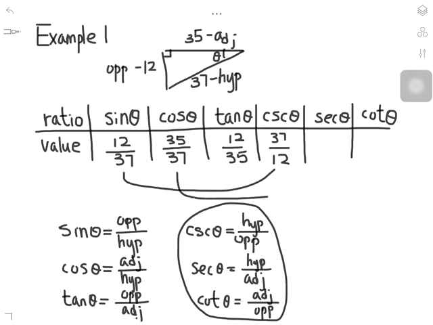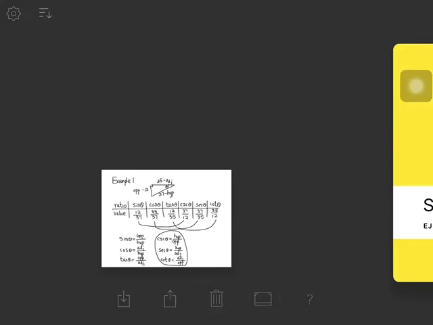Secant is the reciprocal of cosine. Again, I flip it. And tangent is the reciprocal of cotangent. So this way, I don't really have to remember the other three definitions. I'm just using the reciprocals.